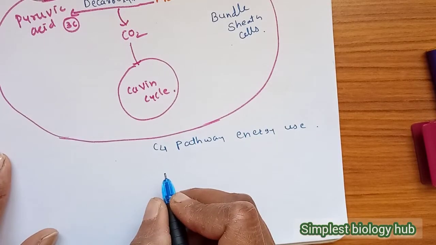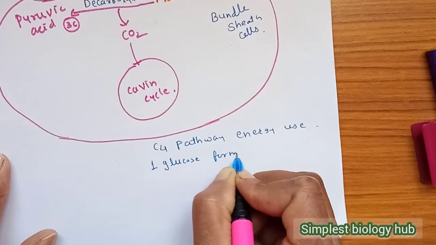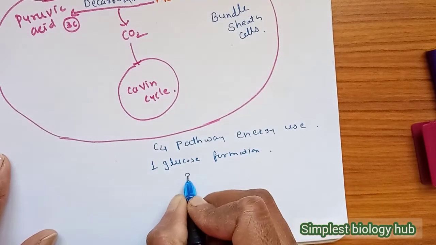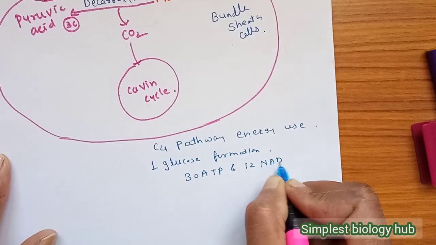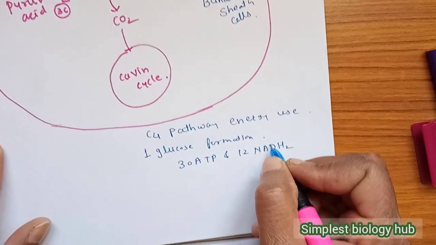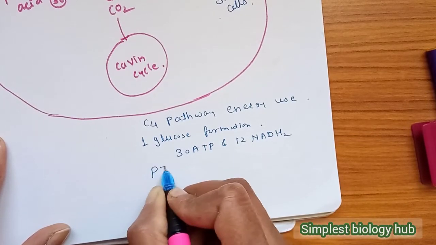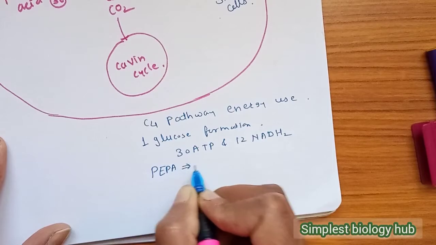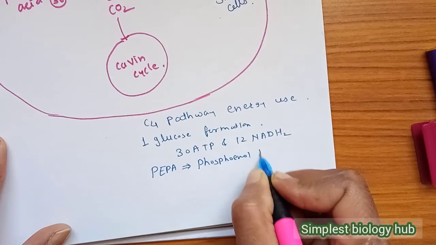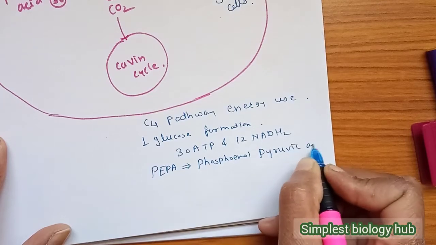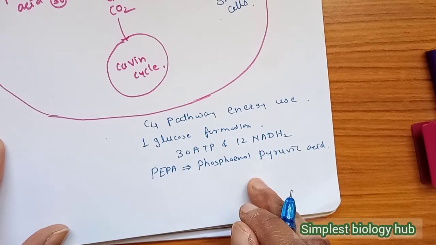In case of the C4 pathway, for one glucose formation, 30 ATP and 12 NADH2 are utilized, and an enzyme is required, that is PEPA, which we call phosphoenol pyruvic acid, while in case of the C3 plant, the enzyme Rubisco is utilized here.